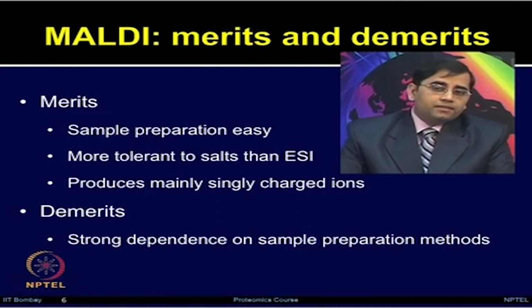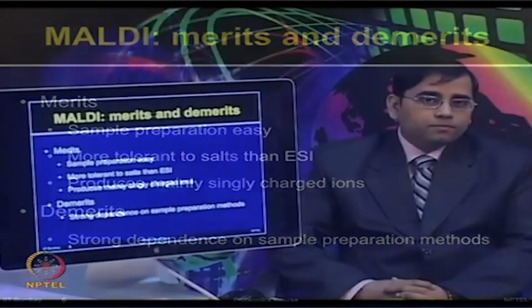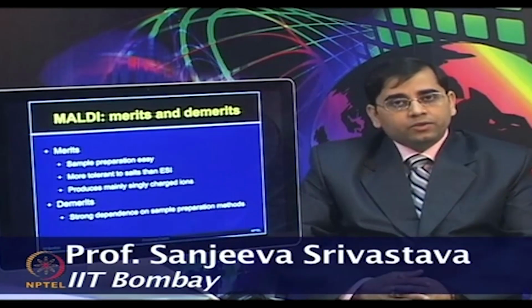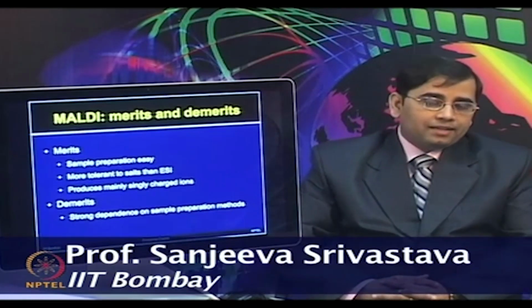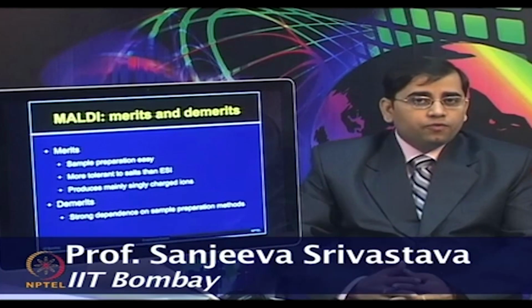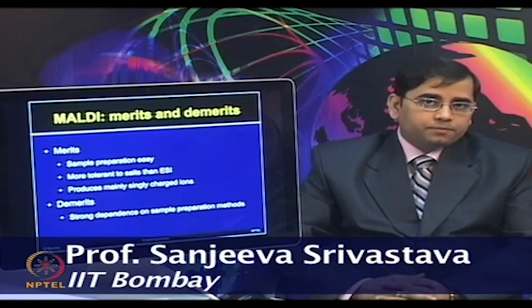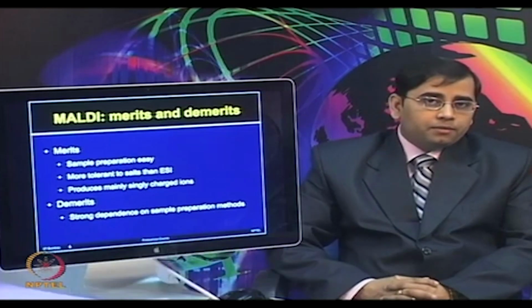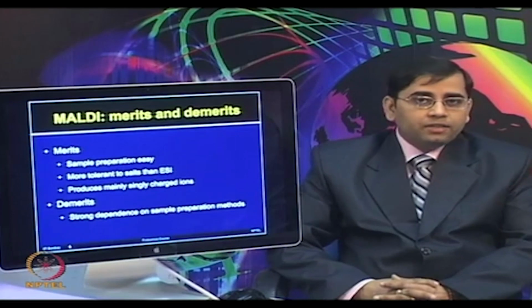The single charge can result in some molecules having large mass to charge values. So, therefore, MALDI is typically integrated with TOF mass analyzers, which can provide the m/z range for large ions as well. Now, these are the various merits of using MALDI. Obviously, it has to be connected with the TOF.